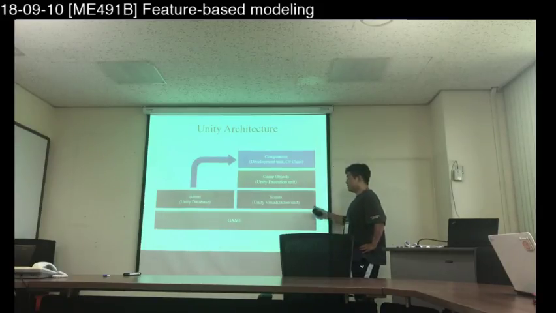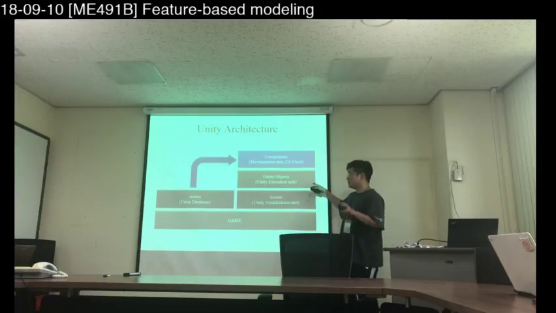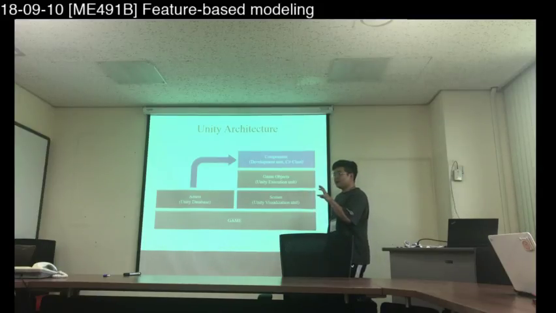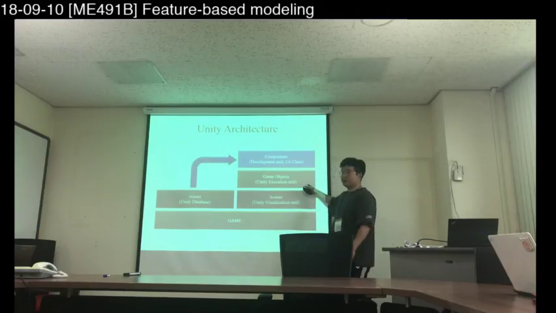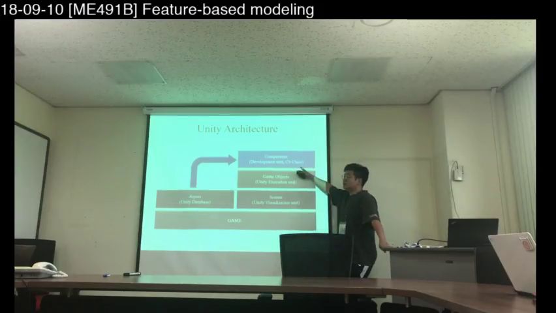Scene is a single unit of visualization, and a single scene can contain multiple game objects. A game object is the execution unit in Unity, and a single game object can contain multiple components. A component is a development unit, and you can make a component using C# or JavaScript.